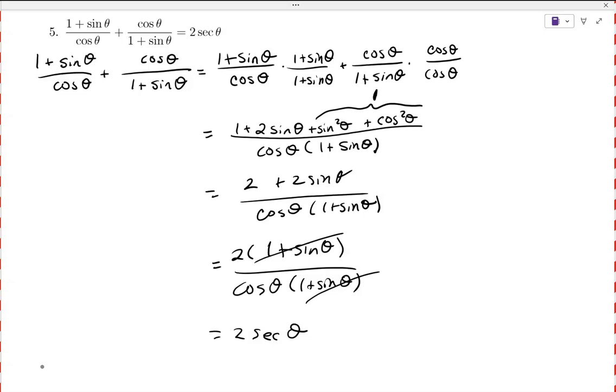That happens quite often when we're verifying these things. And most of the trigonometry involved is recognizing one of your fundamental identities, be it a Pythagorean identity or a ratio identity, even odd identity, cofunction identity. Is that okay?